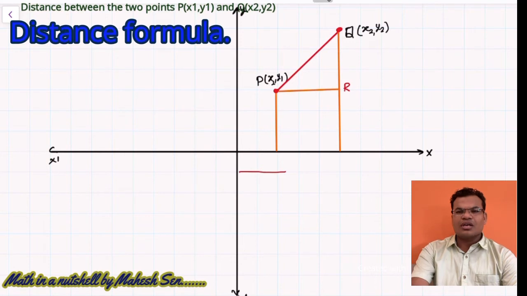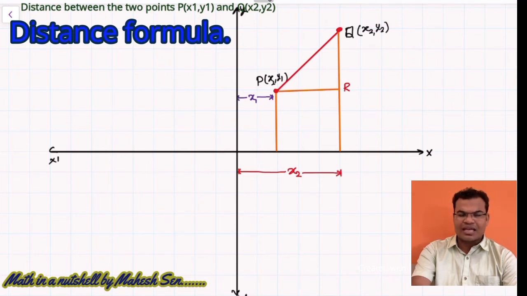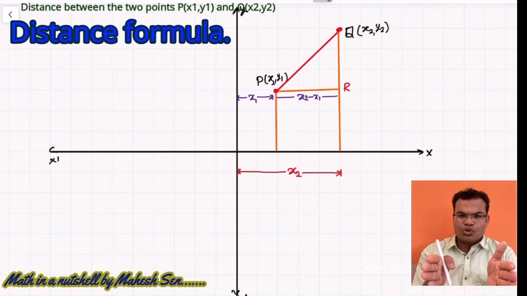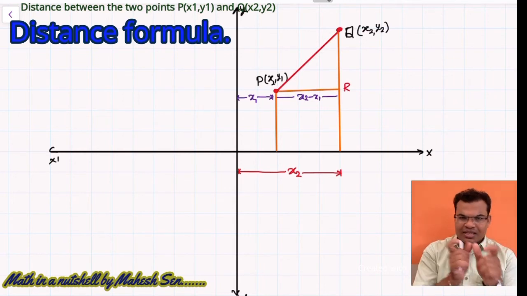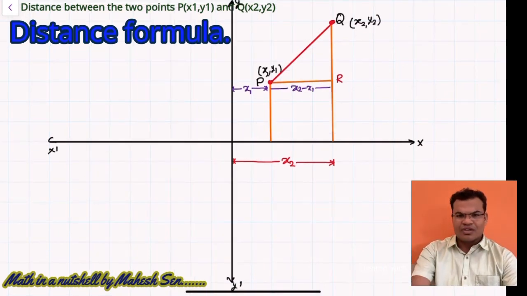Now guys, we are finding the distance formula. The distance from the y-axis to this point is x2, and from P to the y-axis is x1. So x2 minus x1 is the distance between P and R, right?